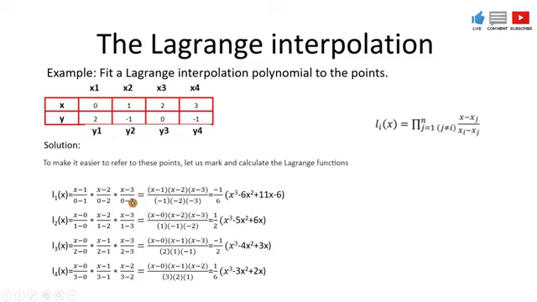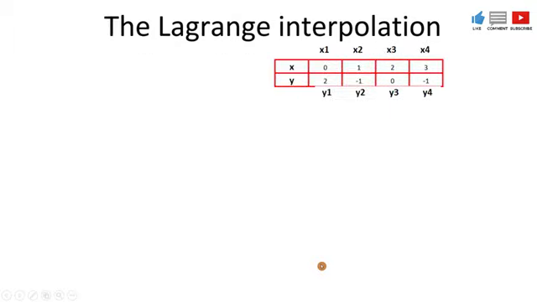Okay, this is the result of the multiplication of the denominator, and in the bracket is the result of x minus 0 multiplied by x minus 1 multiplied by x minus 2. Okay, the Lagrange interpolation polynomial is obtained.